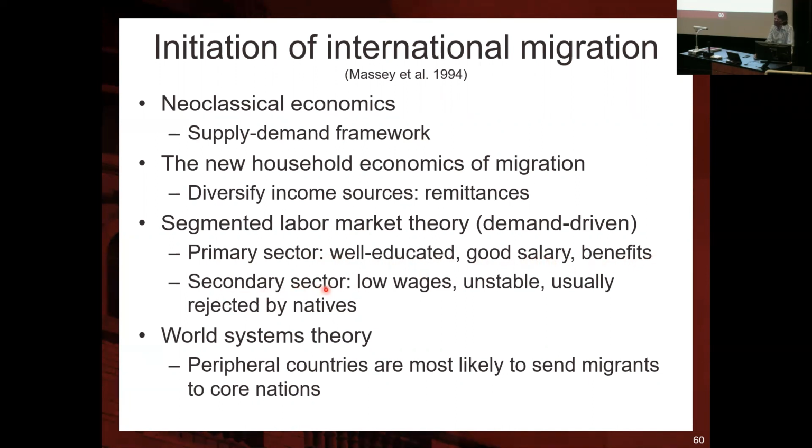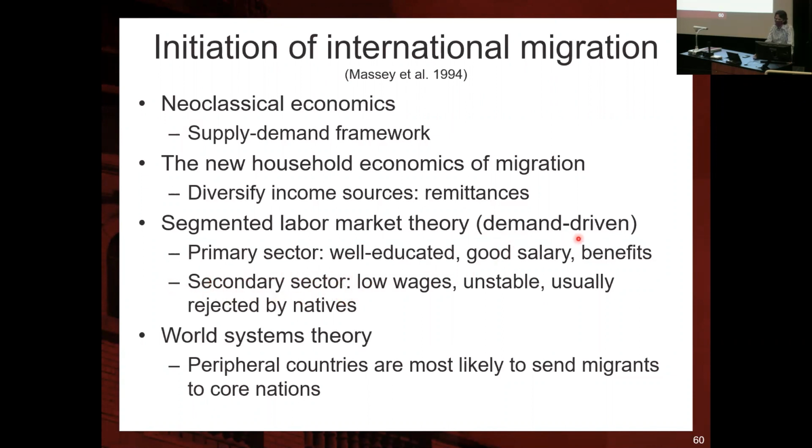And the secondary sector has lower wages, is more unstable, people can get fired more often, and is usually rejected by people born in that specific country. So usually, immigrants from other countries tend to concentrate in jobs within the secondary sector.